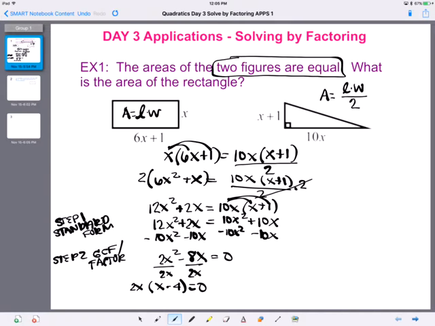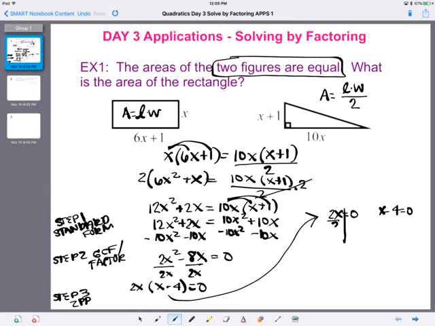I look to make sure that it's factored completely. Step number 3 is the zero product property. So I'm going to set 2x equal to 0. I'm going to set x minus 4 equal to 0. So you're setting both of your factors equal to 0 and solve.